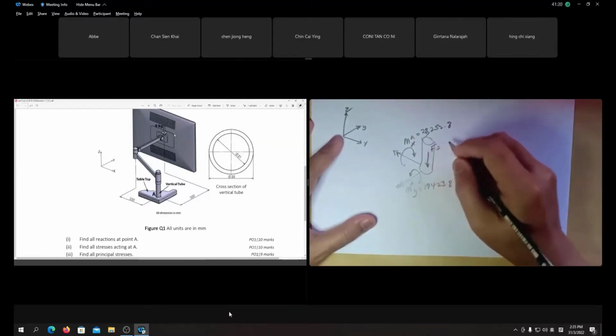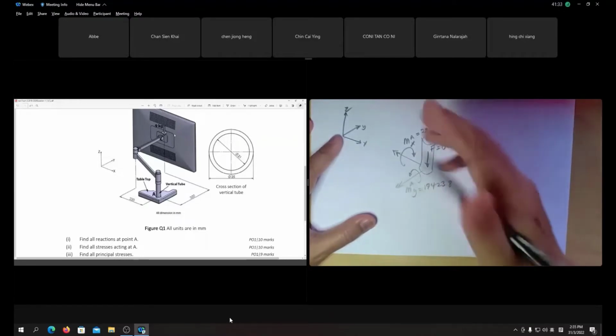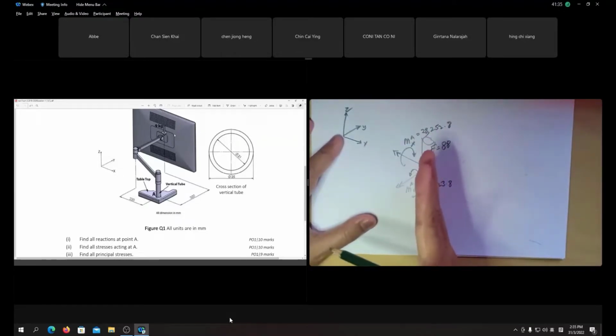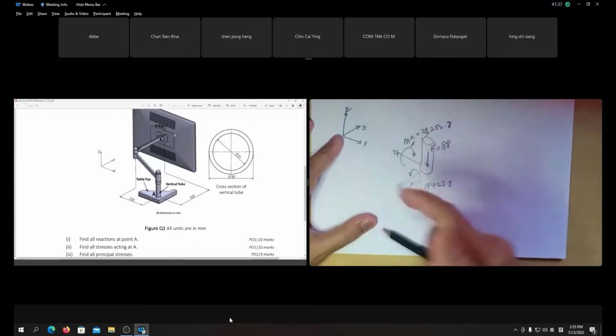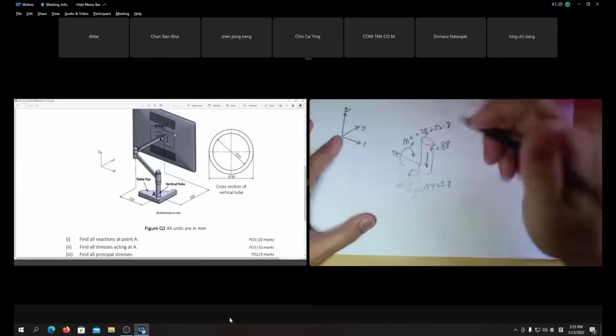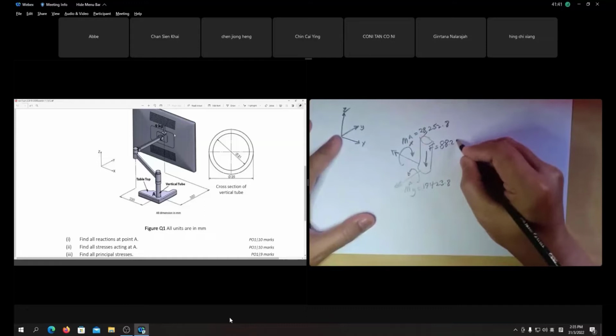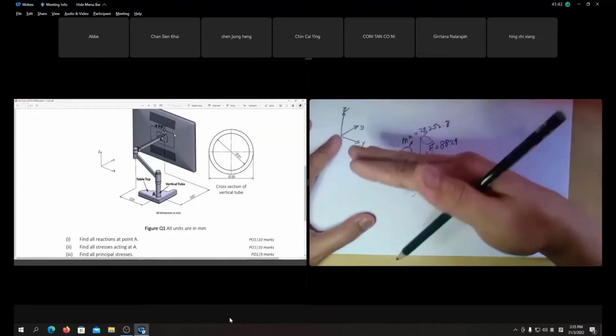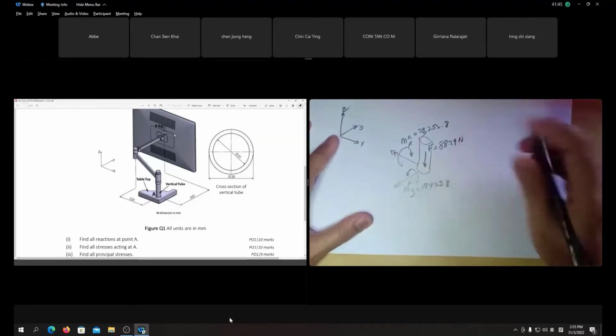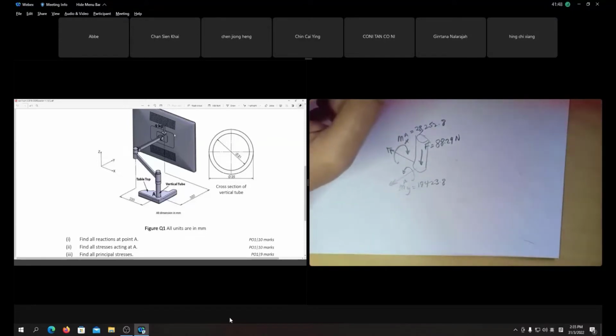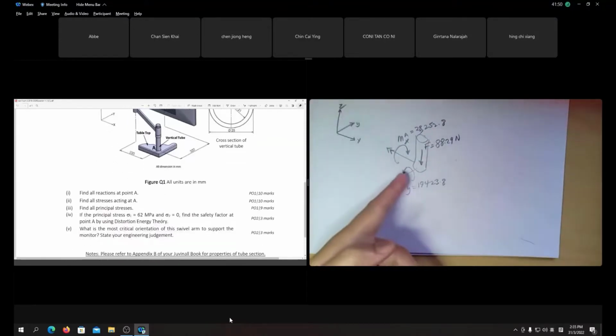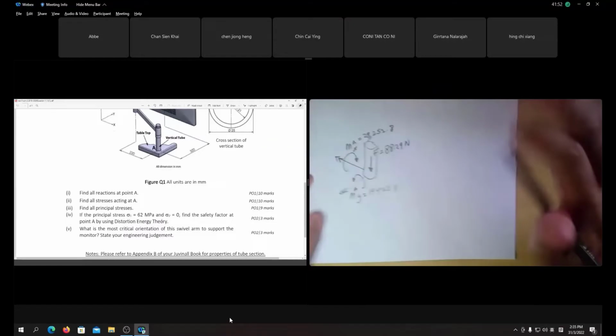Class, understand what I'm talking about? Free body diagram supposed to be bottom portion, used to be reverse. Everything is reverse. Tapi I'm talking more to be easy to understand. 88.29, that is reaction at A lah. We consider upper portion of A. Pun boleh. So itu yang part 1, find all reaction at point. You can make your free body diagram.